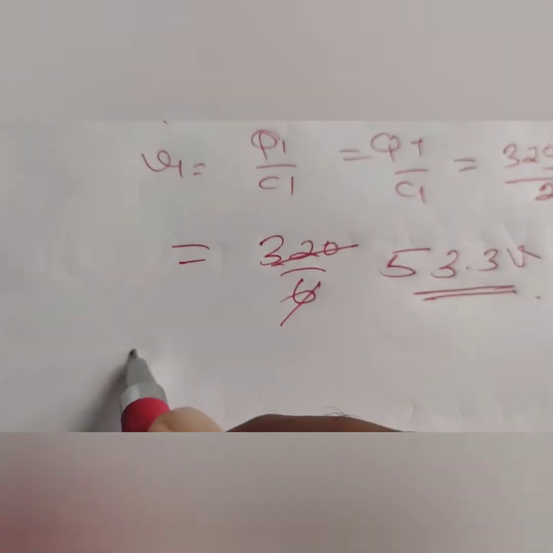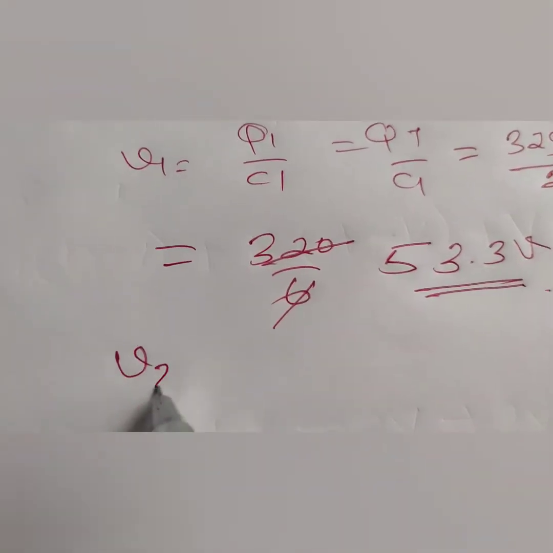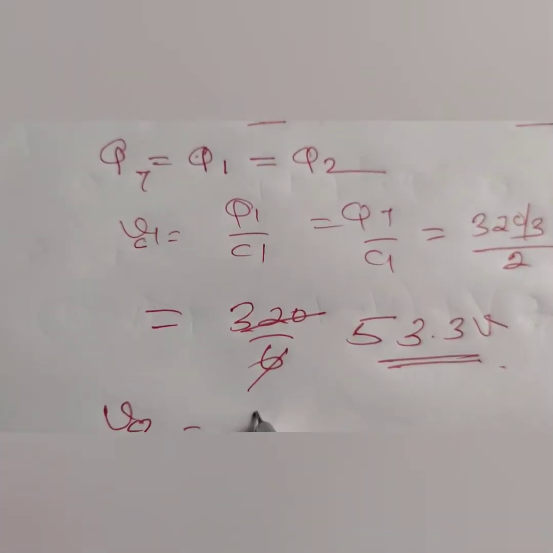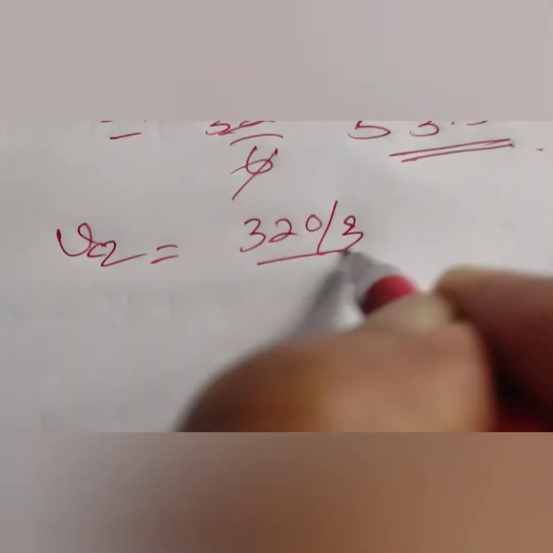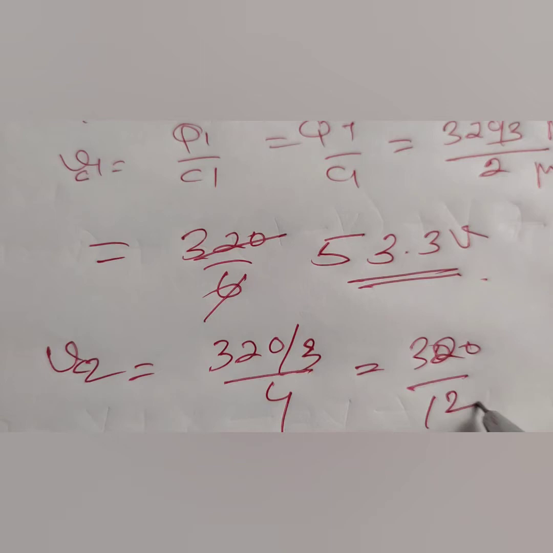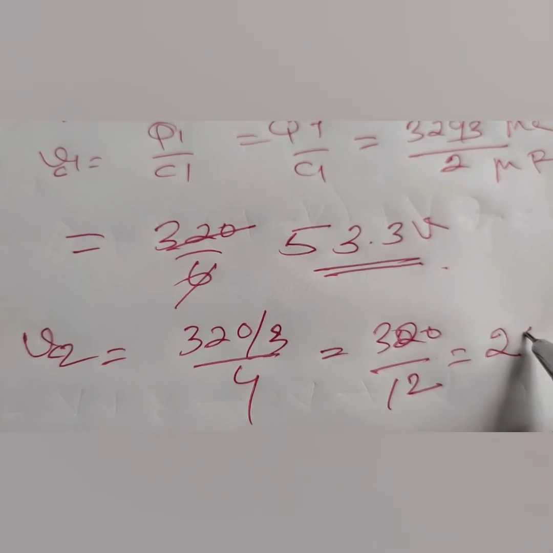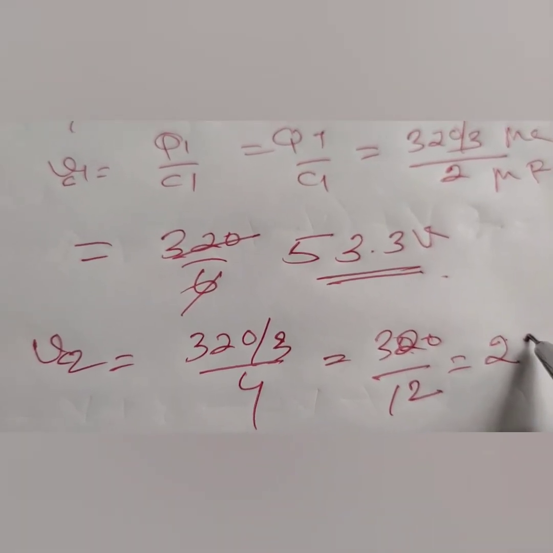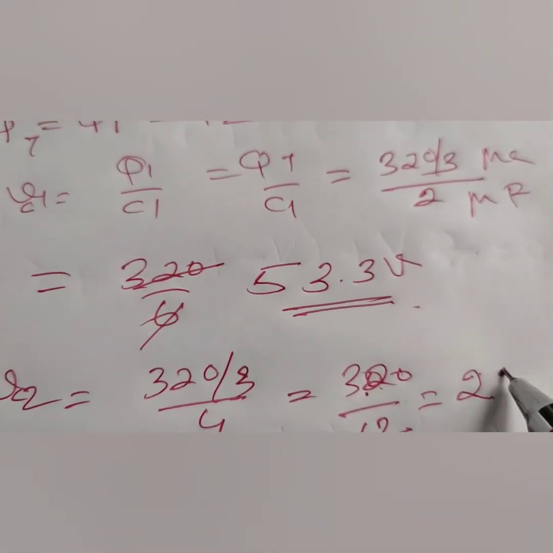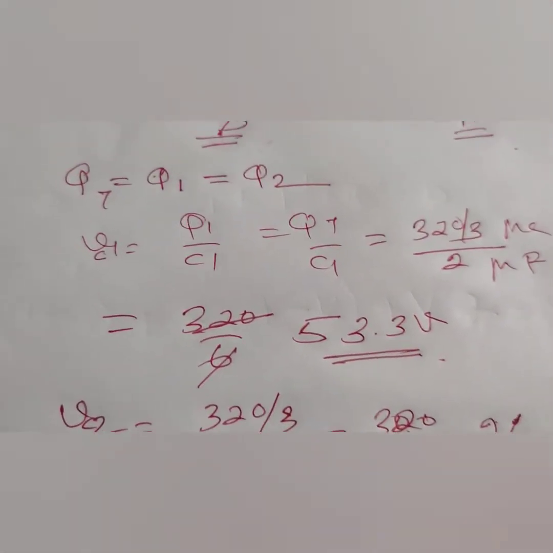And the voltage across capacitor 2, V2, is 320 by 3 by 4, that is 320 by 12, about 26.7 volt.